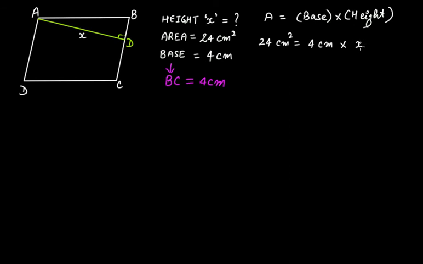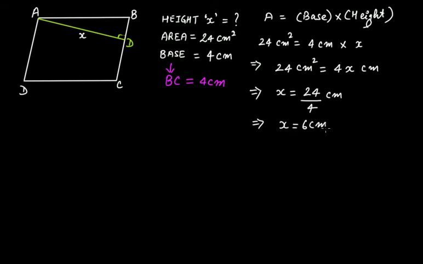You have to find the value of x. So this becomes 24 centimeters square equals 4x centimeter, right? If you solve this, you get x is equal to 24 over 4 centimeter, and you get x is equal to 6 centimeter. Therefore, the size of the height is actually 6 centimeter.